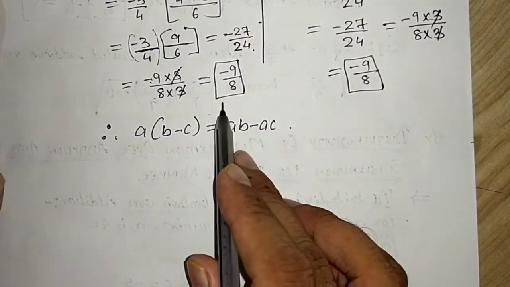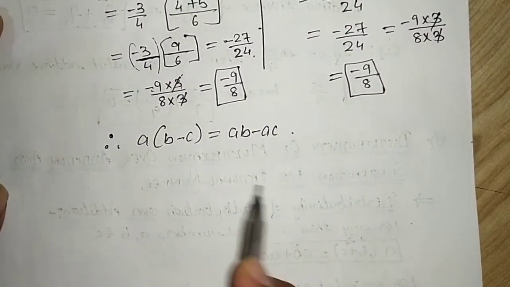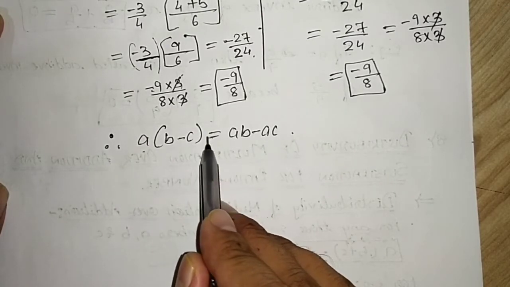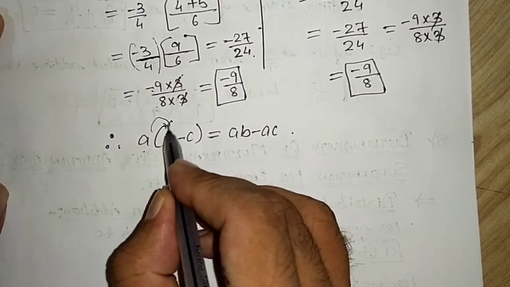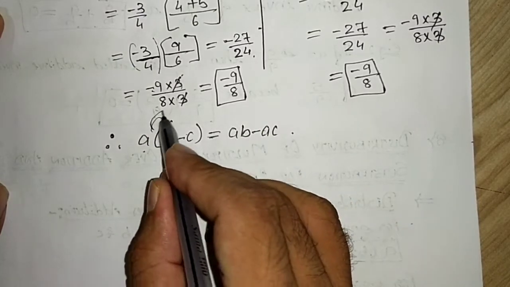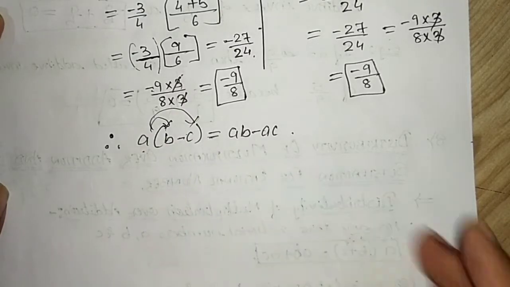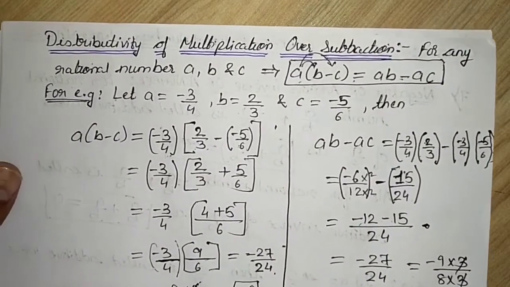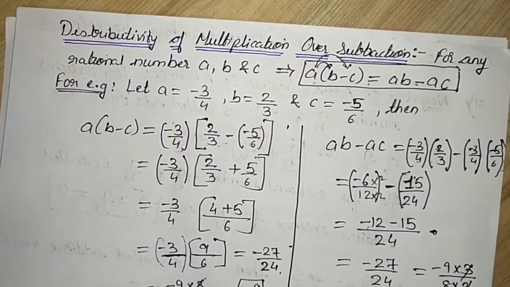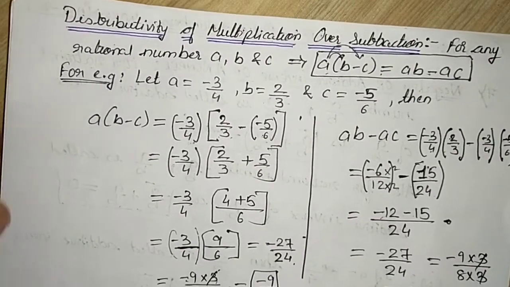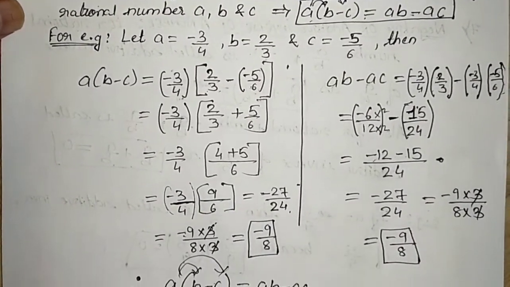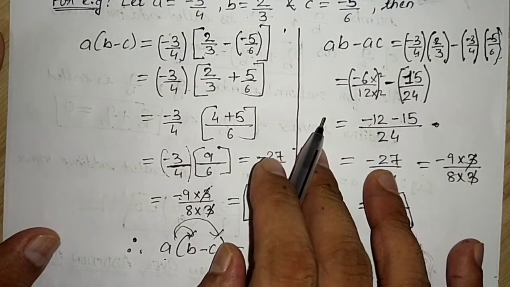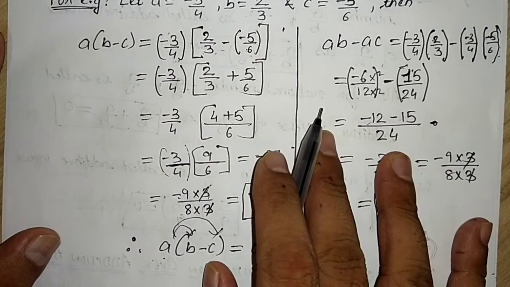Both ways I have got LHS equal to RHS. So I can say that a into bracket b minus c is the same as a multiplied by b minus a multiplied by c. That is distributivity of multiplication over subtraction. Students, in these two introductory lectures I have shown you the calculation but have not solved it in detail, because it was the introductory part.